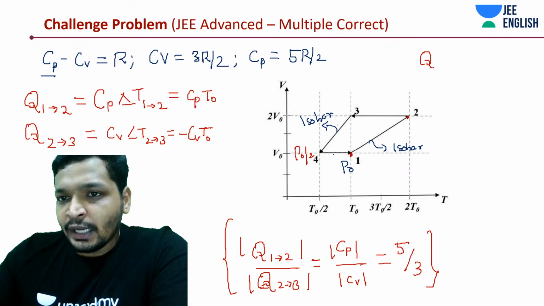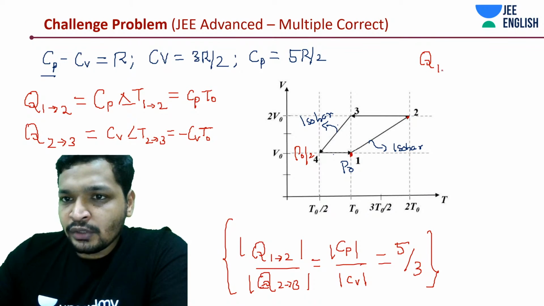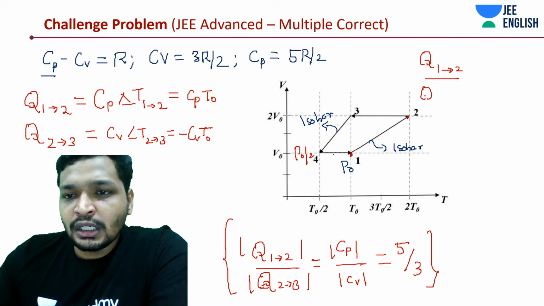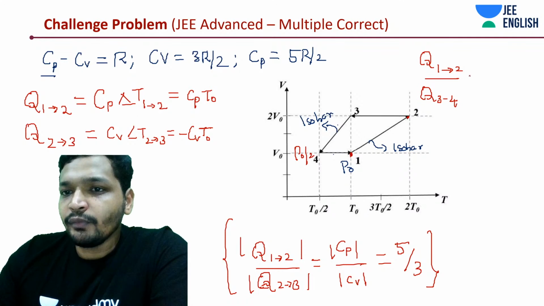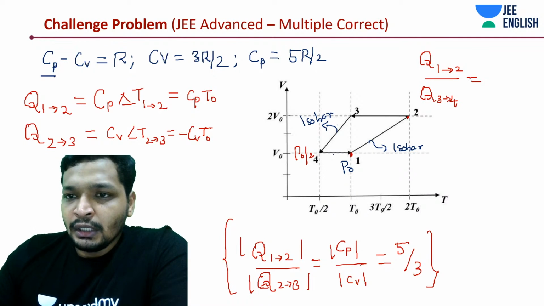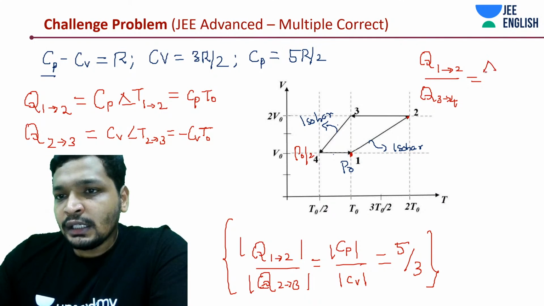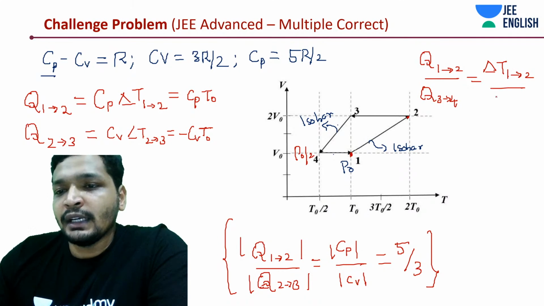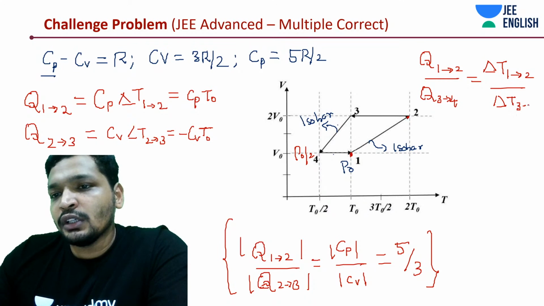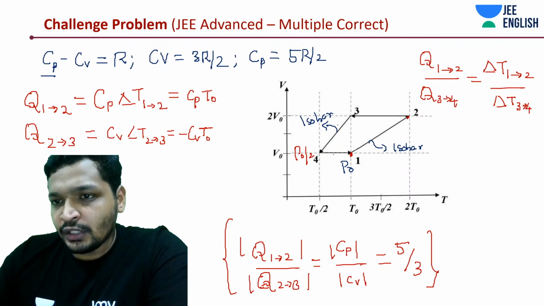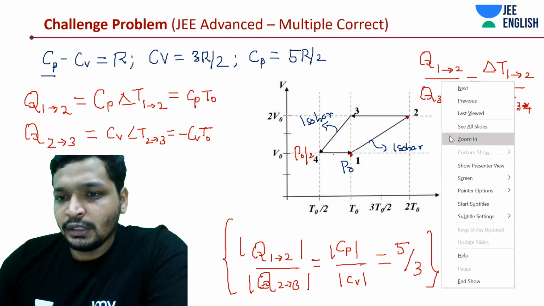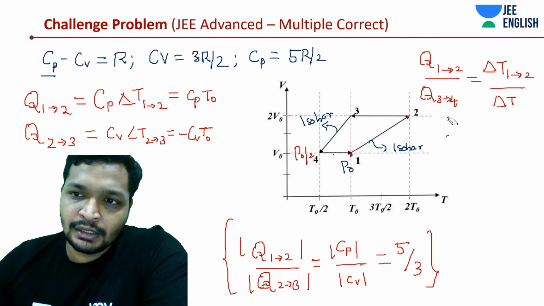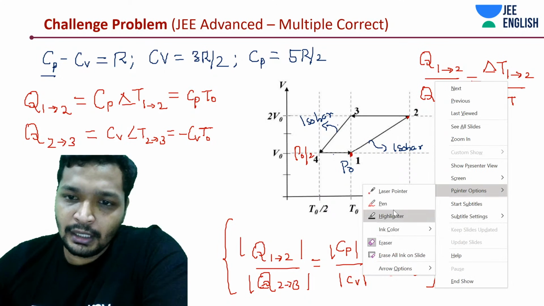So basically both are isobaric, so I'm directly writing it down as 1 to 2, Cp delta T, 3 to 4, and delta T of 1 to 2 divided by delta T of 3 to 4. That's what we need to do. That could have been the thing that you could have done.